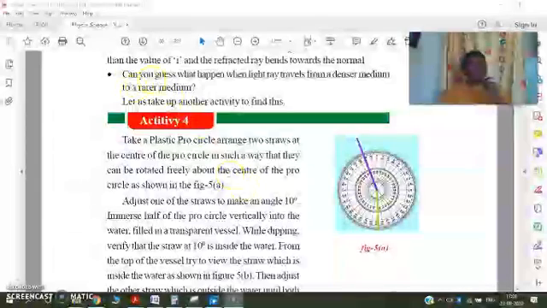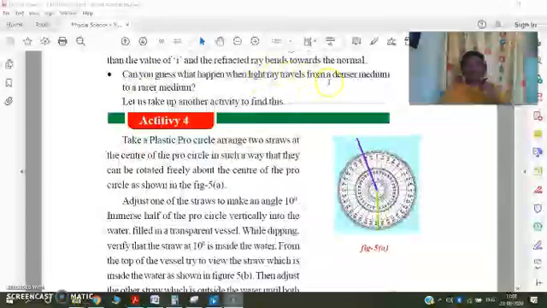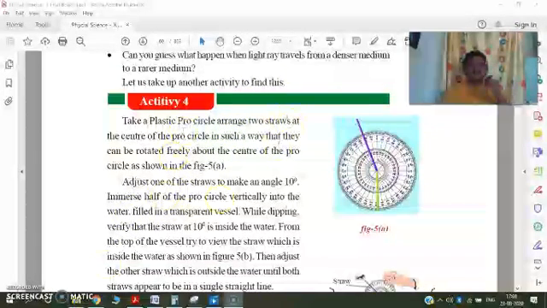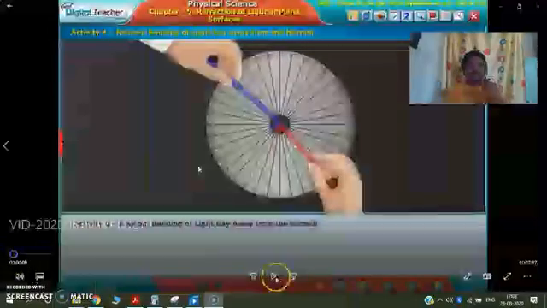So, next activity. Can you guess what happens when a light ray travels from denser medium to rarer medium? This is the reverse: denser medium to rarer medium. I will show you the video. Now look at the video.